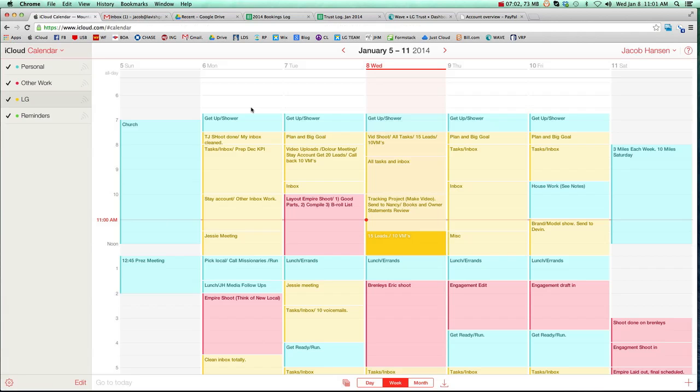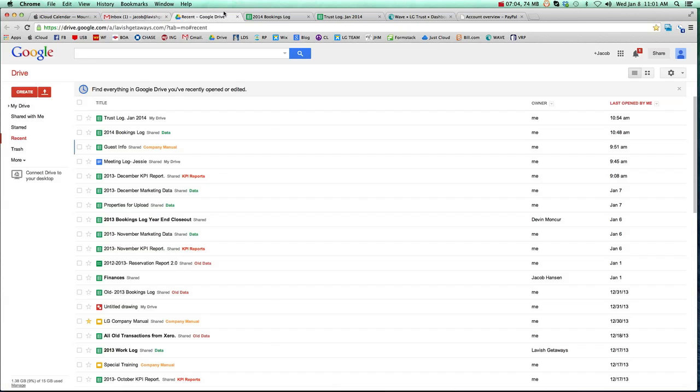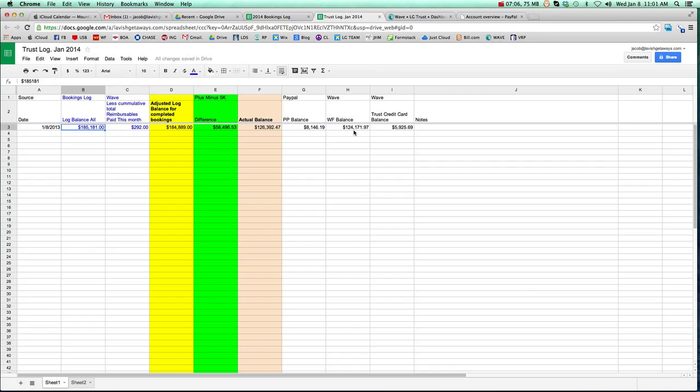So technically, if we get an extra $1,000 in Wave, so it's 125,171.97. Okay, we got an extra $1,000 in Wave. We should get 186,181. There should be a corresponding change.